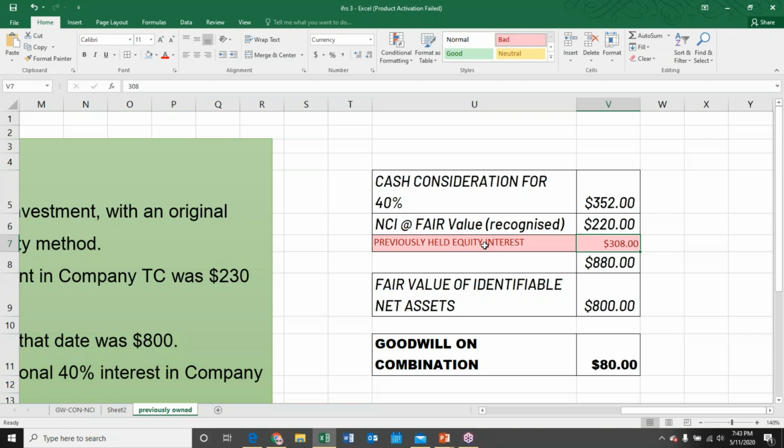That is the reason I have taken this 308 dollars in my calculation. If I do not take it, it is not going to show the correct value of my goodwill.